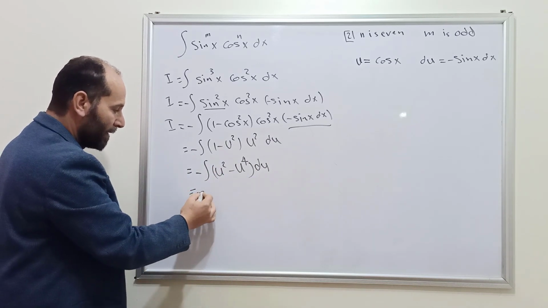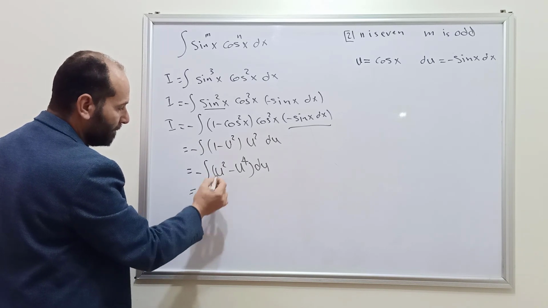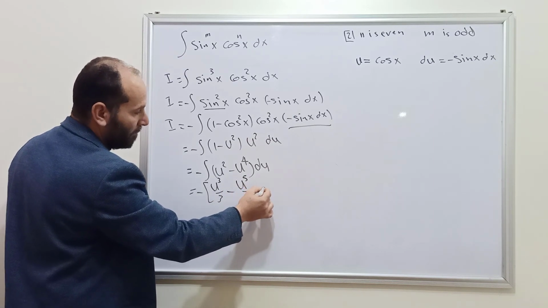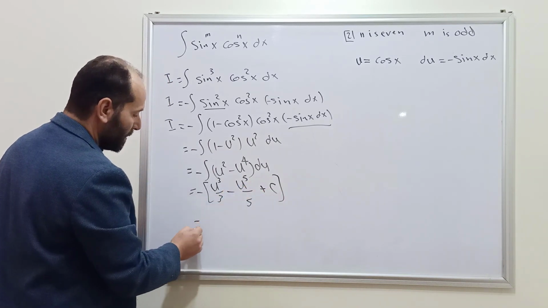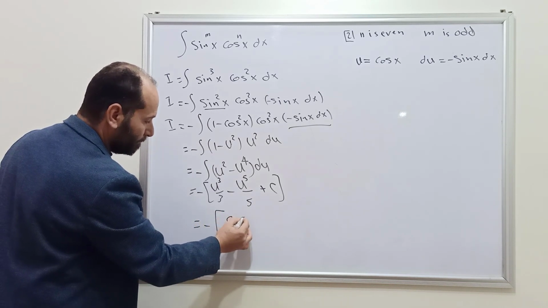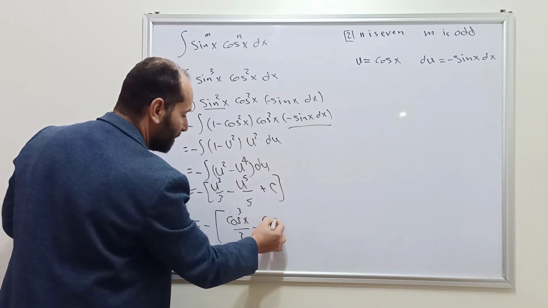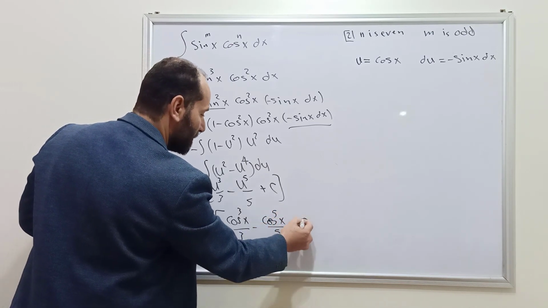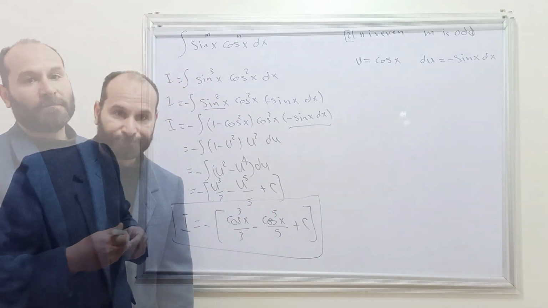This equals negative, u power 3 over 3 minus u power 5 over 5 plus c. This equals negative, cosine power 3 x over 3 minus cosine power 5 x over 5 plus c. This is the integration result.